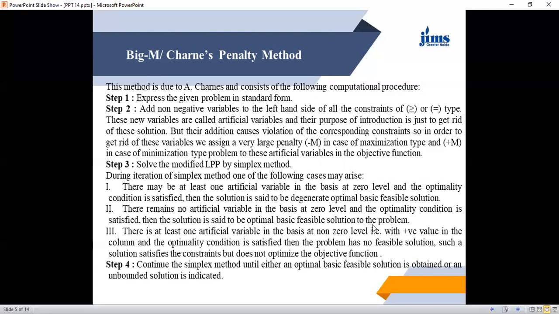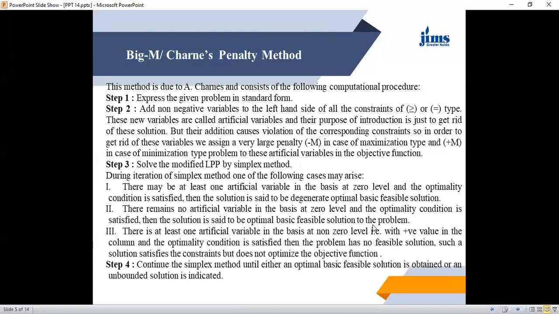It is not equal to 2 infinity, because infinity is any quantity which is larger than you can think of. M is a very large quantity, but M plus M you can write 2M. M minus M is equal to 0. 1.0001 M will be greater than simply M. So you can do all arithmetic operations on M.